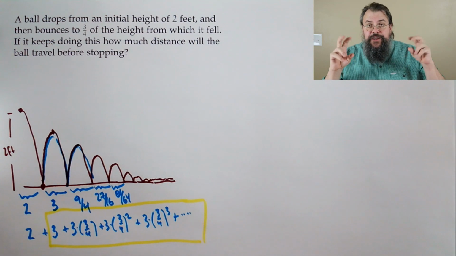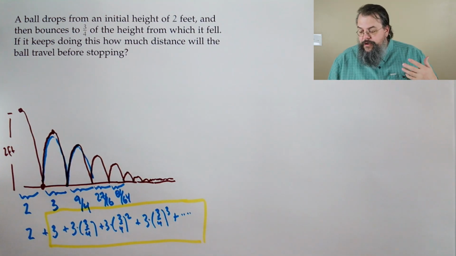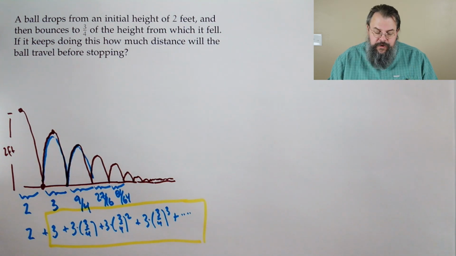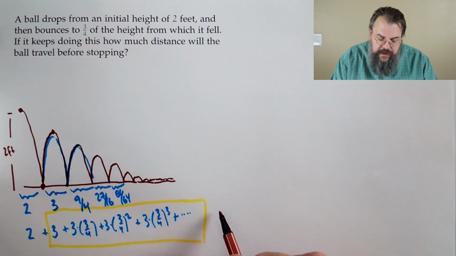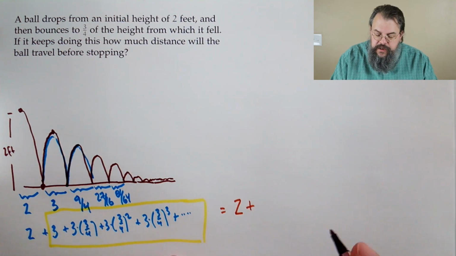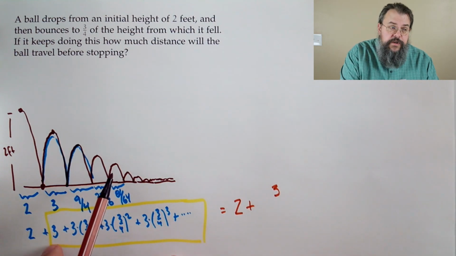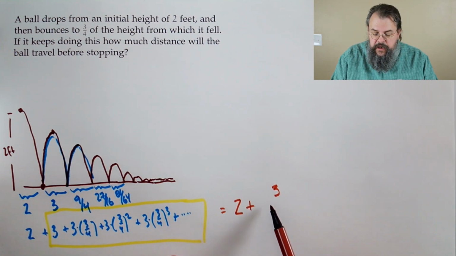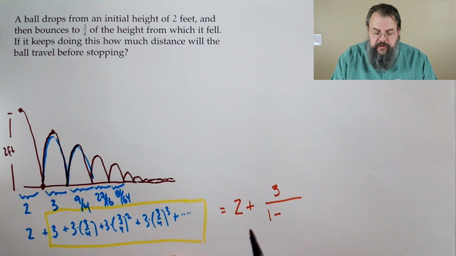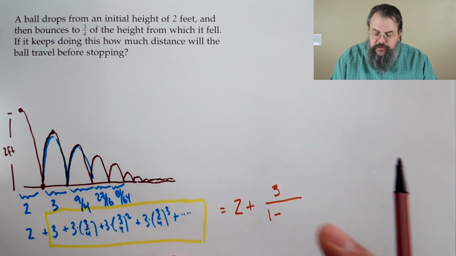Now in our case, the everything else is 2. So we say, all right, great. So now we see what to do. We're going to have the first drop plus everything else being geometric. We'll have 3, that's our first term, that acts as our A, over 1 minus that number that we multiply by, that R. Well, the R is 3/4.